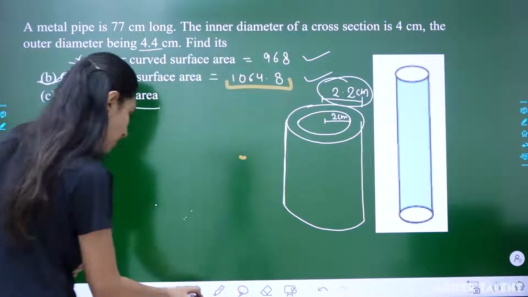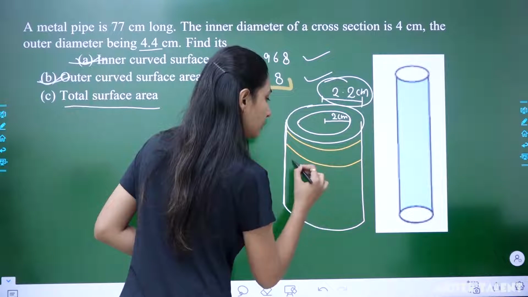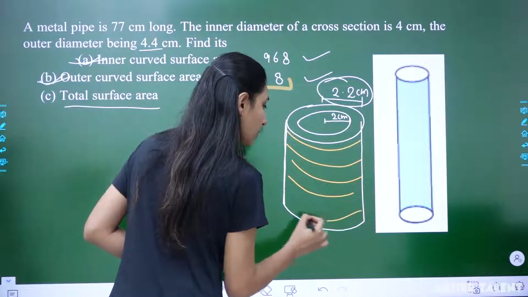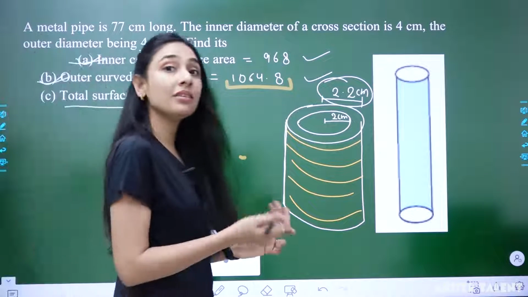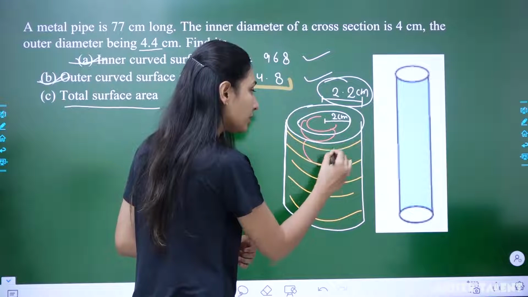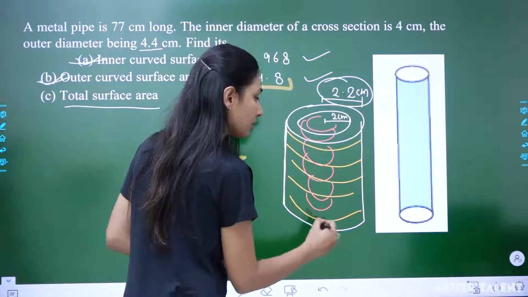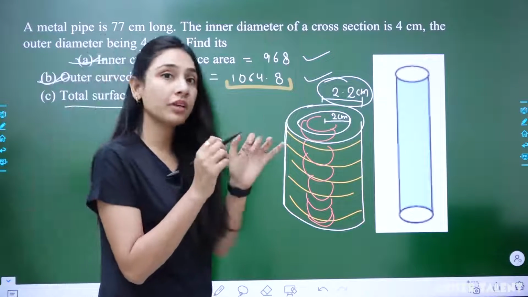First, the outer surface here, and then the second one, the inner curved surface area, the complete inner one. Then one thing is left here.